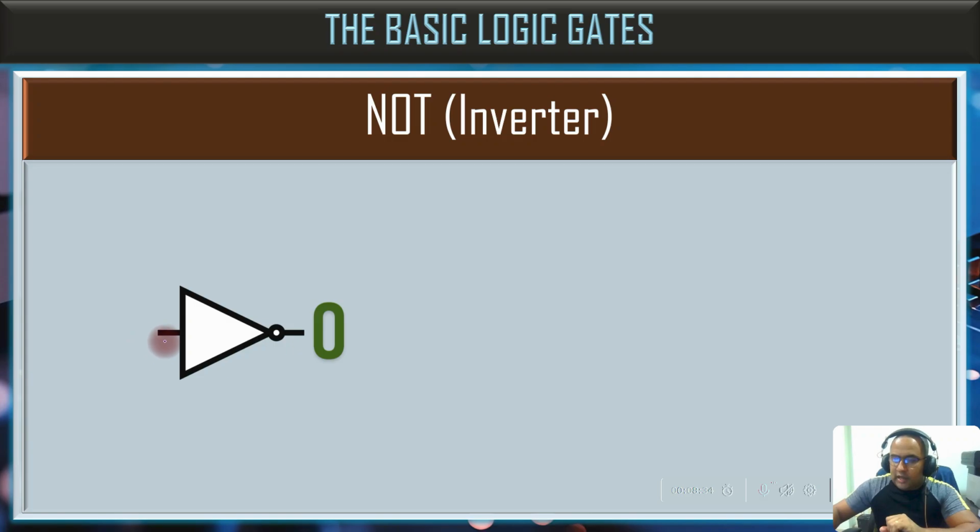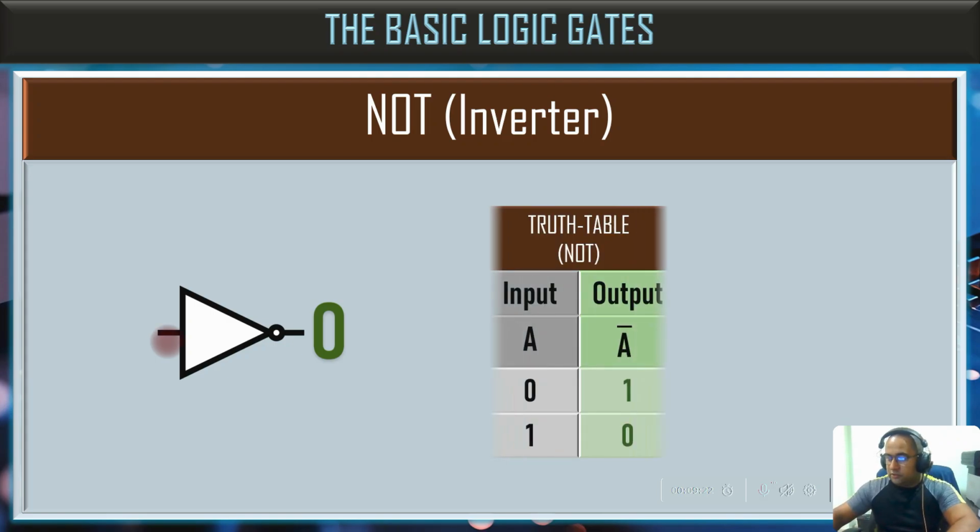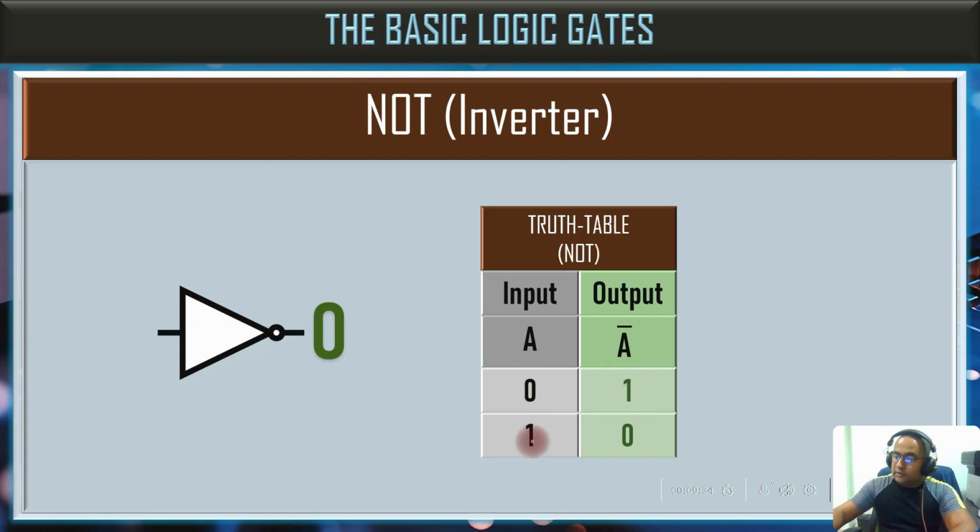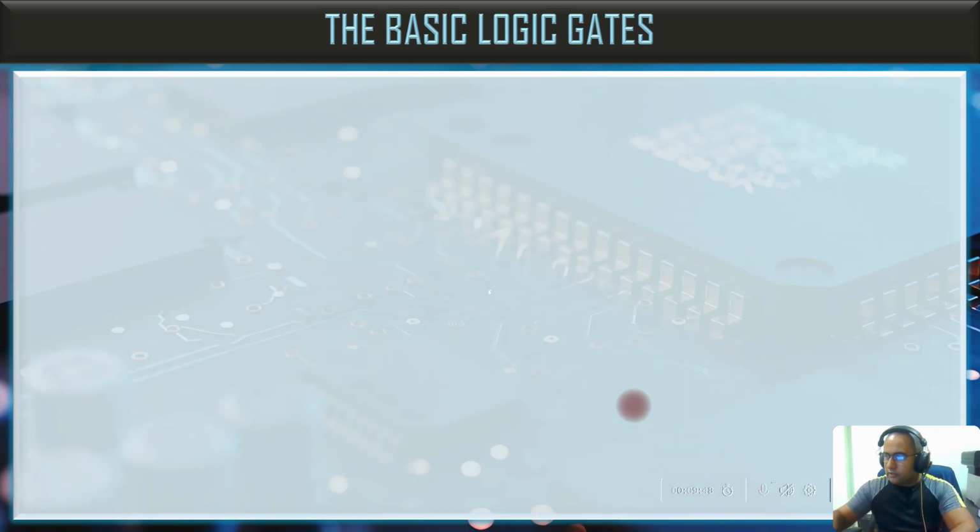Now, since the NOT gate has only one input, there are just two possible logic values it can handle, 0 or 1, as shown in this truth table. As you can see, when input is 0, output is 1. And when input is 1, the output is 0. You don't need to worry about the truth table right now. We'll cover that in another video. What really matters here is understanding how logic gates operate on logic values. That's the main focus of this video.